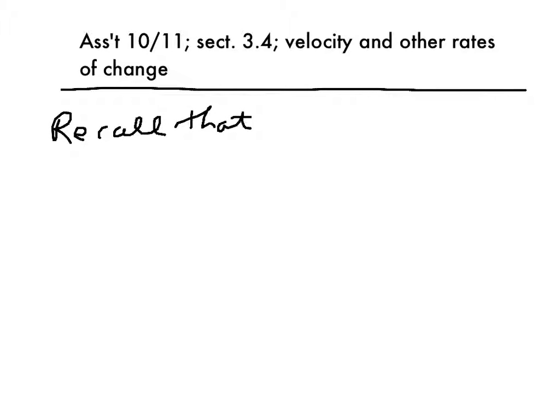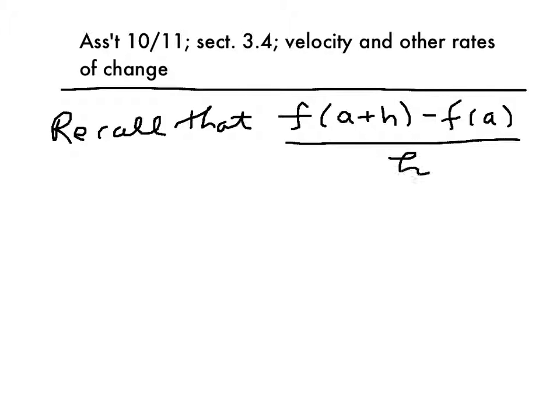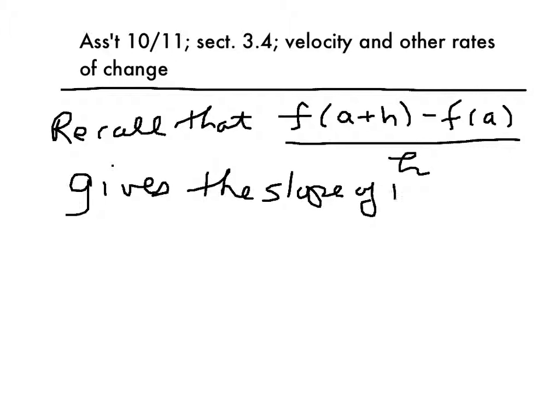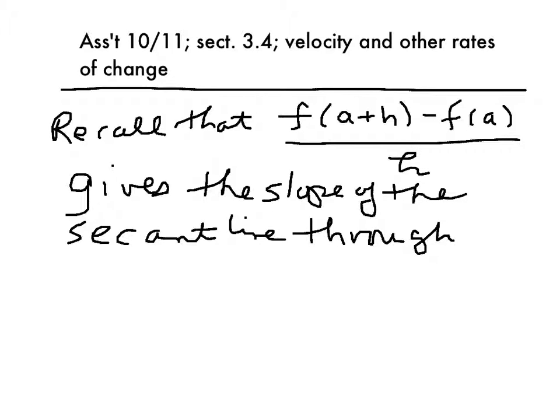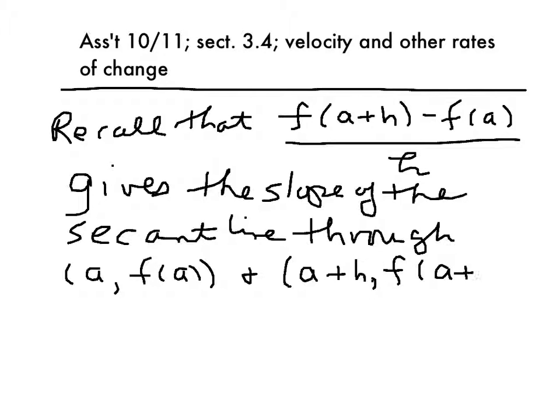Recall that f of a plus h minus f of a over h gives the slope of the secant line through the 2 points a comma f of a and a plus h comma f of a plus h.